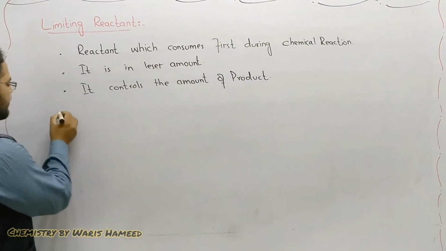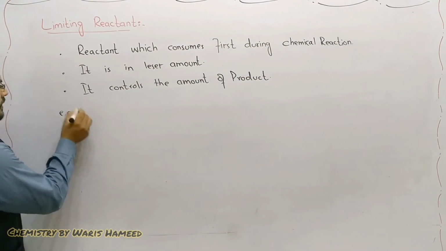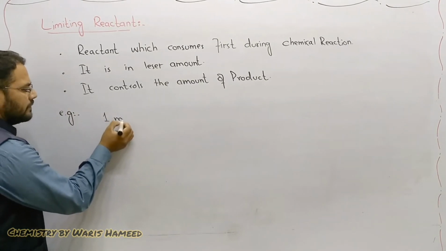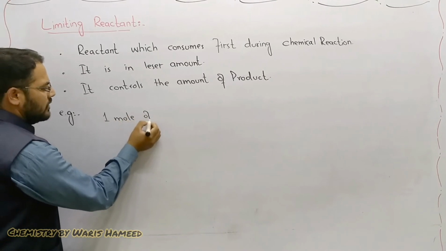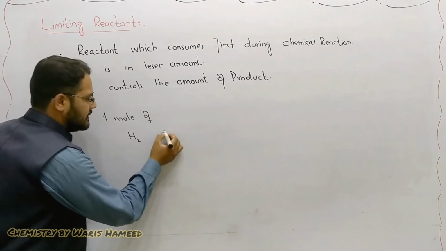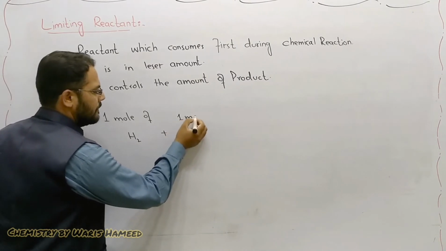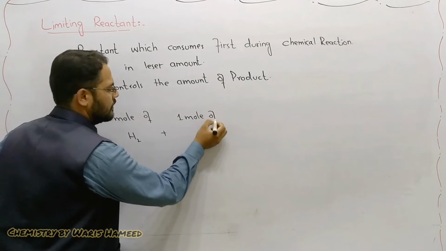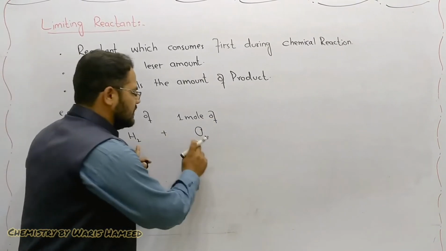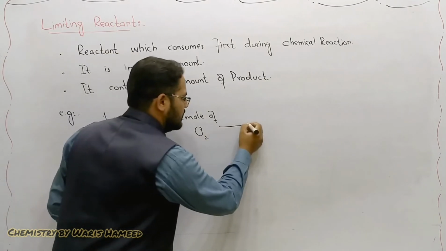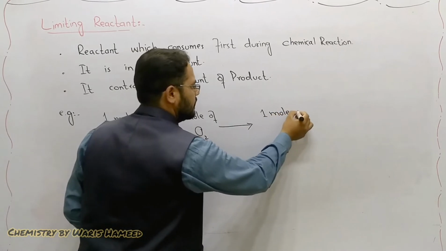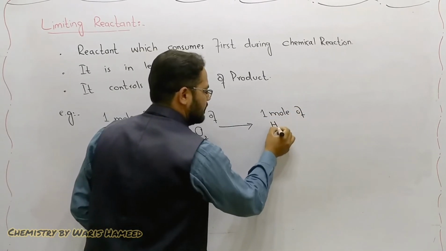For example, in the formation of a water molecule, we have 1 mole of H2 hydrogen gas, and it reacts with 1 mole of O2 oxygen. When these two gases react, they form 1 mole of water.